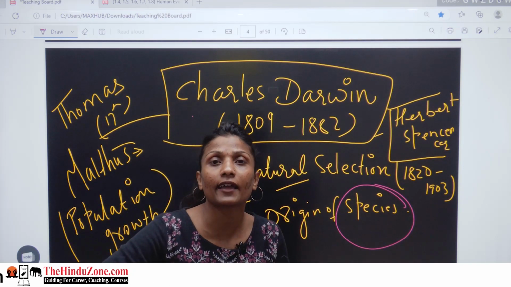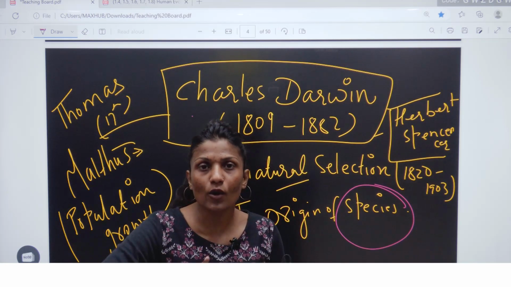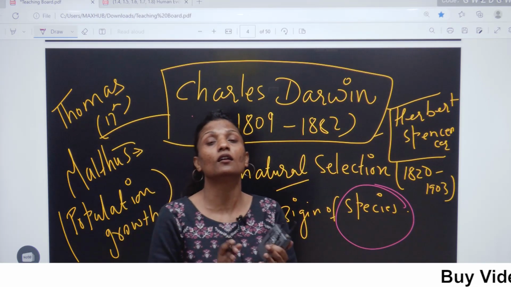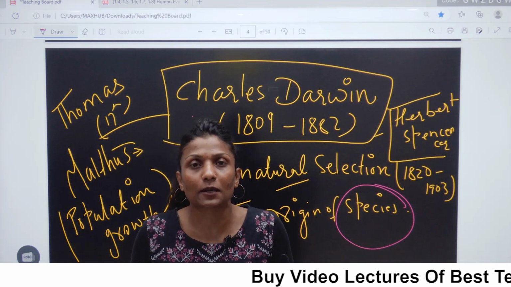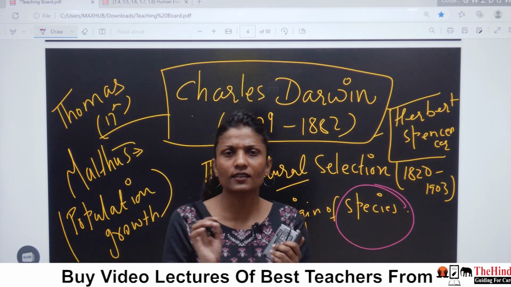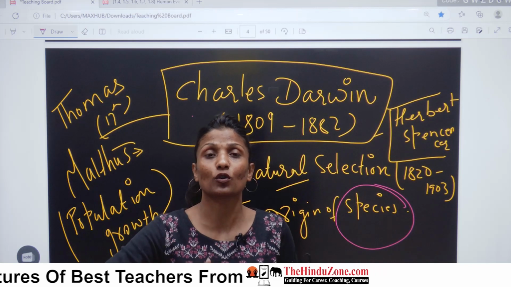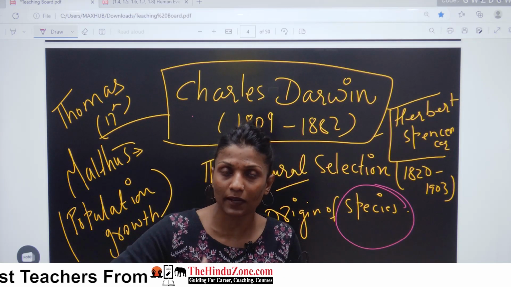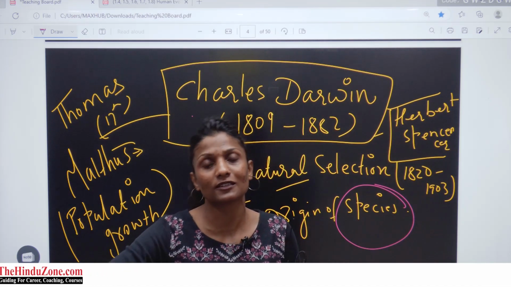Herbert Spencer is again a very important biologist, sociologist and anthropologist. However, he was not a formal academician; he was writing privately. Aspirants generally have a little confusion that the theory of survival of the fittest was given by Charles Darwin. It was not given by Darwin, it was given by Herbert Spencer.